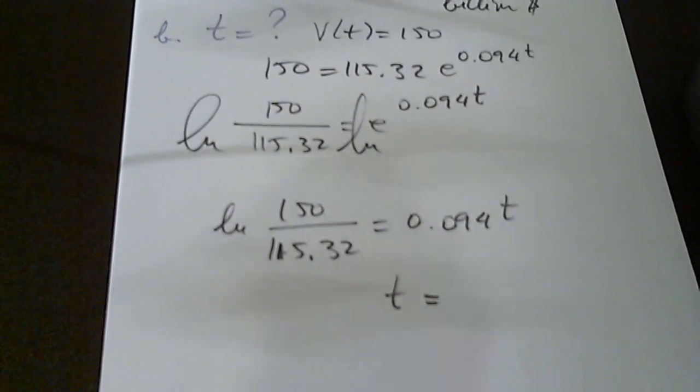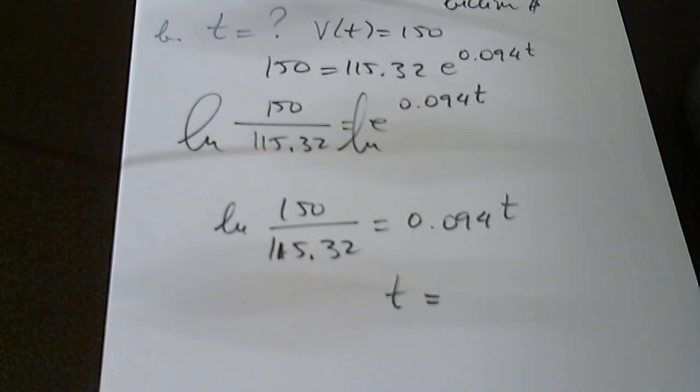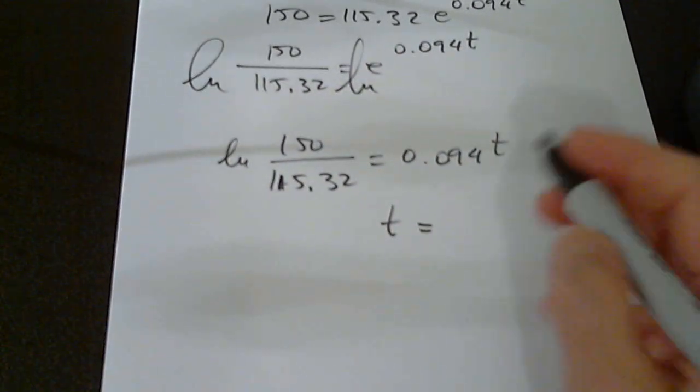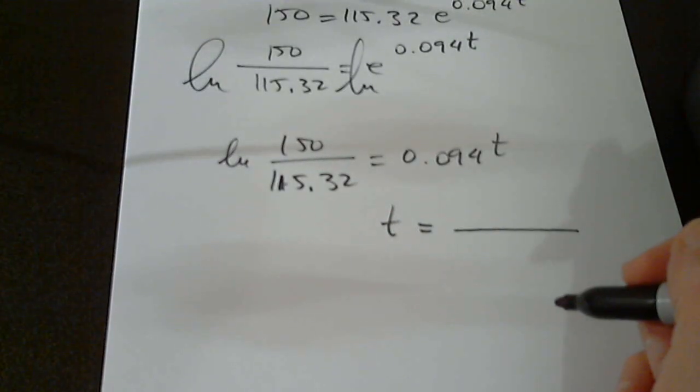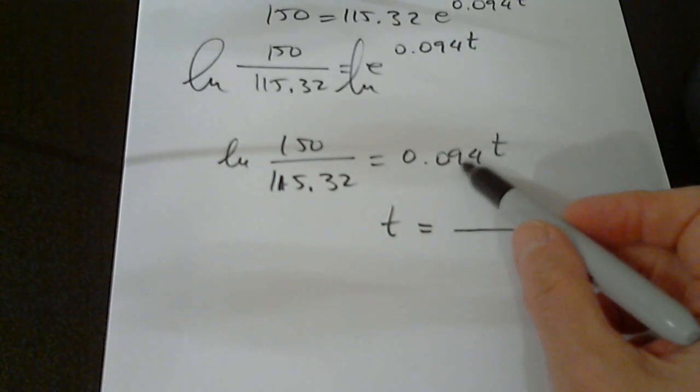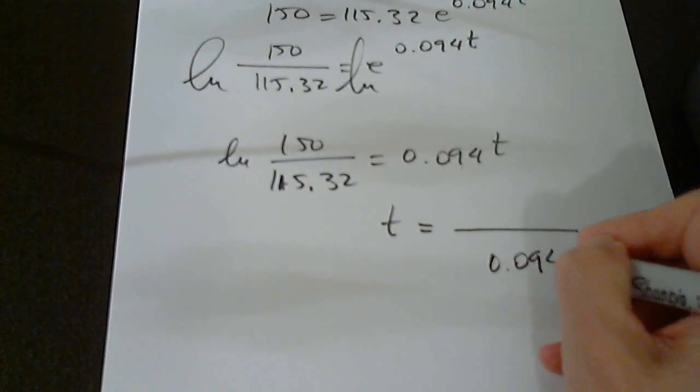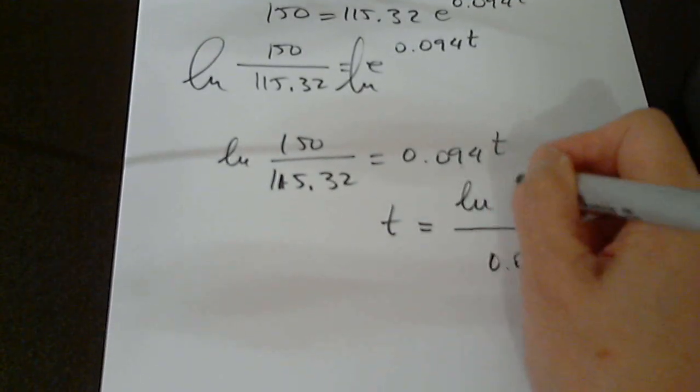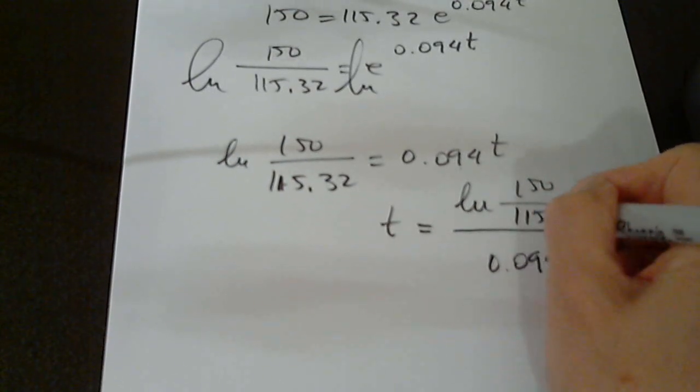And finally, how do I get t? What do I need to do to get t? Divide both sides by 0.094. Very good. Let's see what we get.